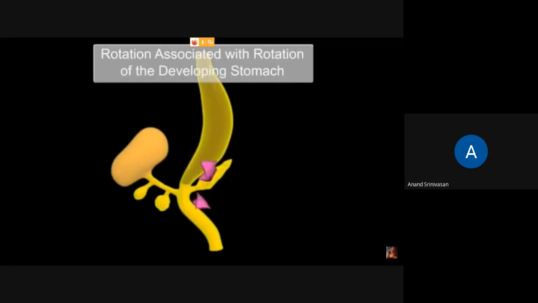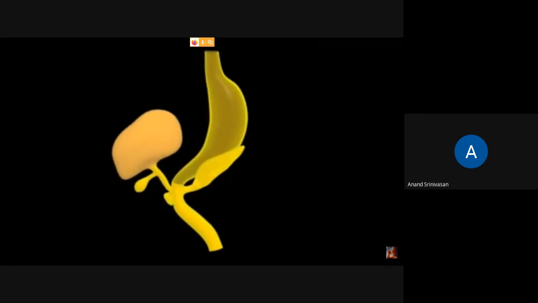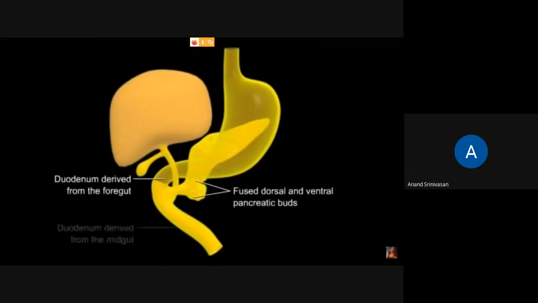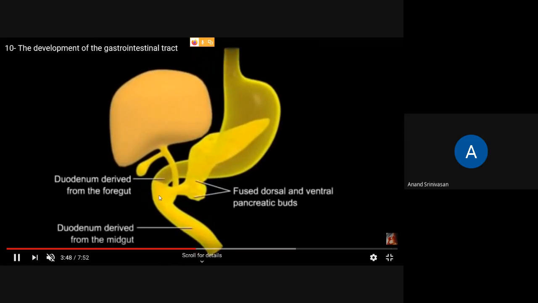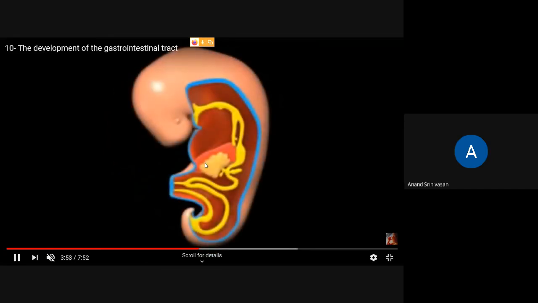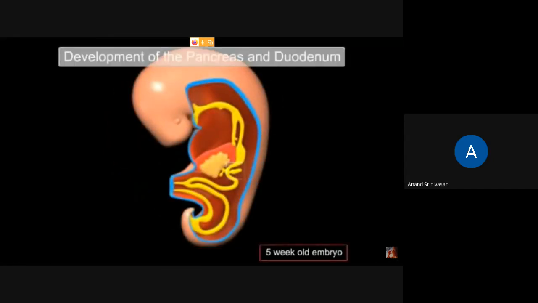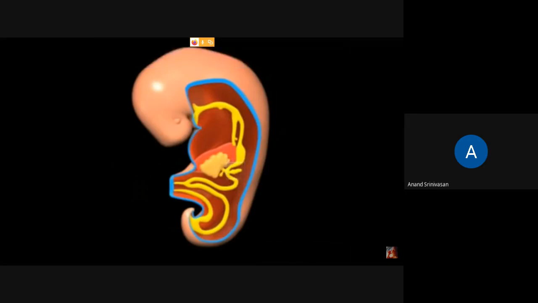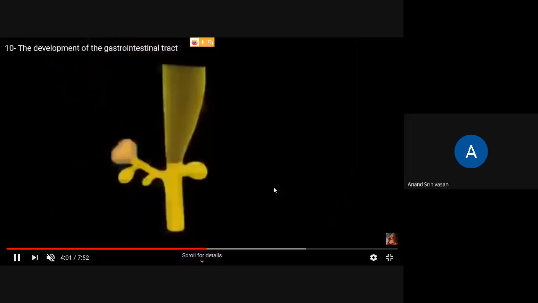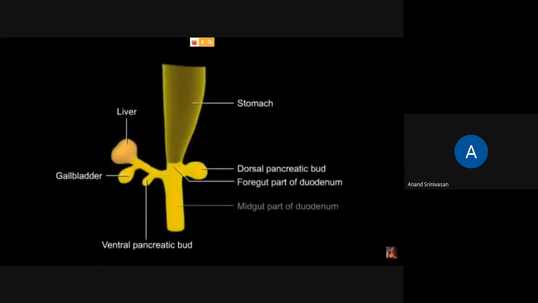Because of the rotation, what happens? The ventral pancreatic bud comes along and gets fused with the dorsal pancreatic bud. So liver, ventral pancreatic bud, dorsal pancreatic bud.